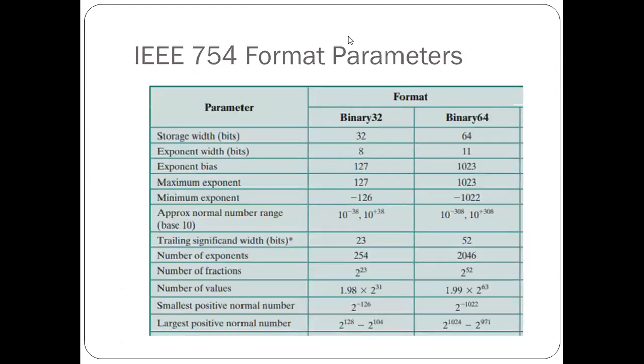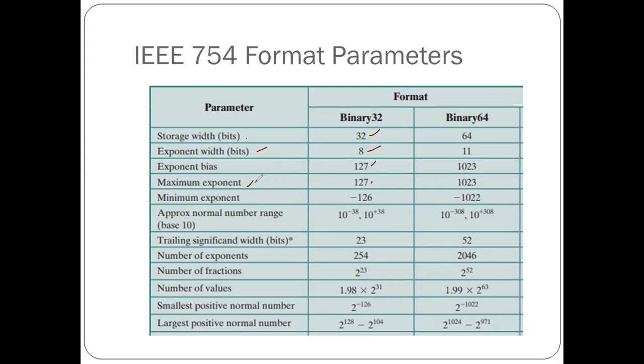So these are now the different parameters under single precision. The storage is 32 bits. Binary32 means single precision floating point format. Exponent bits are 8. Exponent bias is 2 power k minus 1, which is 127. Maximum exponent is now plus 127.